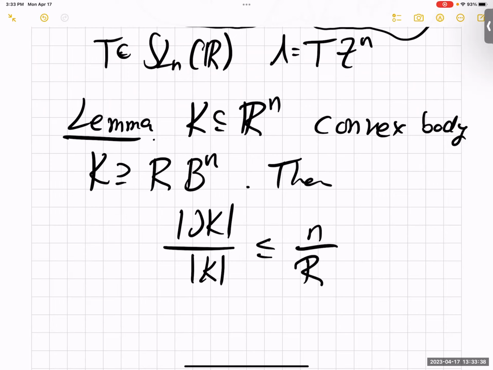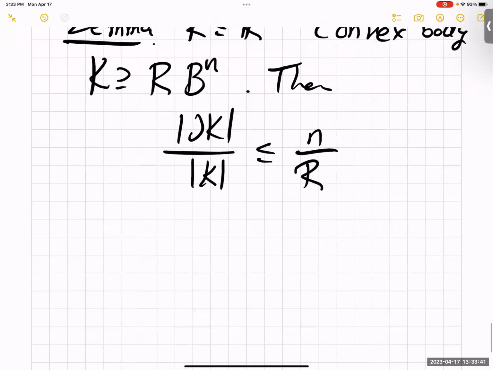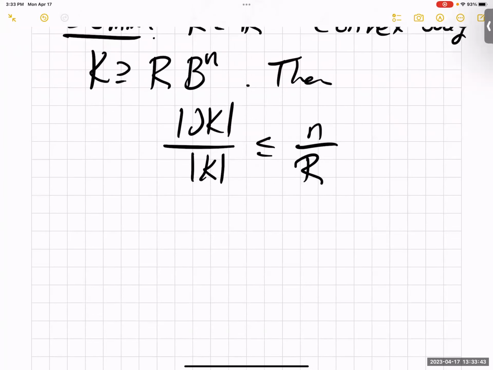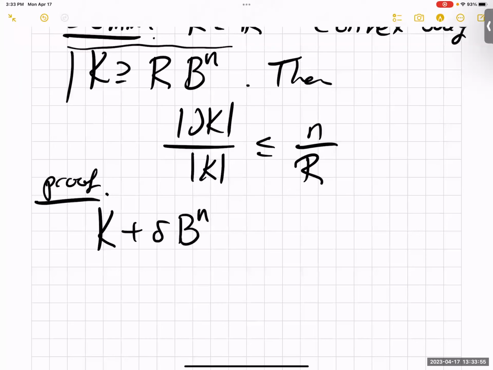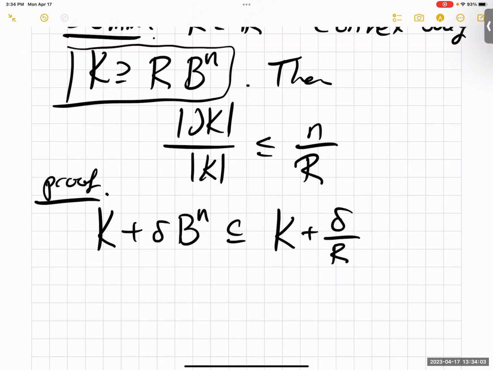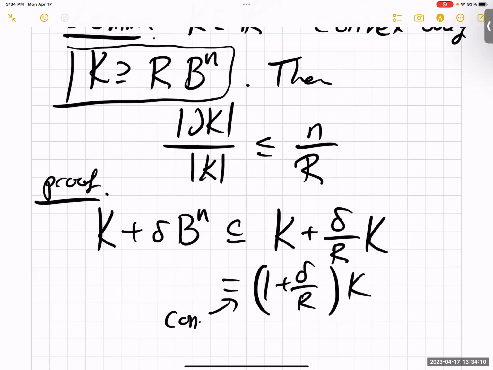The reason for this is, well, how do you compute the surface area? You take K and you add to it a little delta times the Euclidean ball. You use the inclusion to say that this is inside K plus delta over R times K, which is the same as 1 plus delta over R of K. This is where I use convexity: K is convex in the assumption of the lemma.